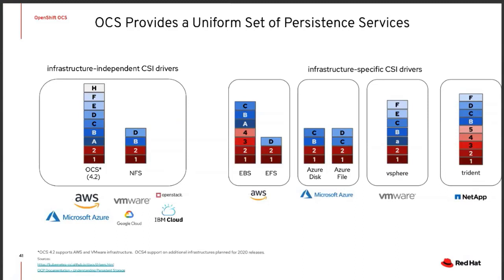There is no vendor lock-in in that regard, so you can use all kinds of infrastructure providers and not just one single underlying infrastructure. So this is a huge benefit because you have an infrastructure-independent situation, whereas with commercial vendors you often have a specific CSI driver that only works inside their own ecosystem.